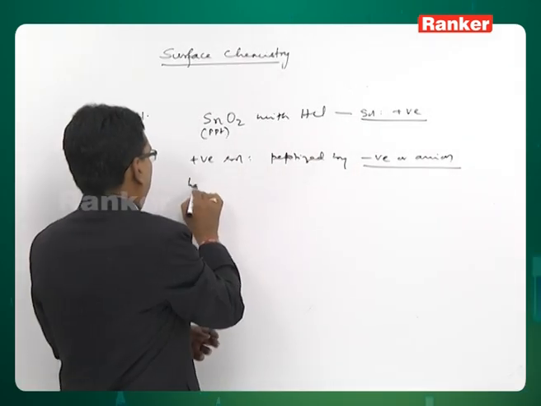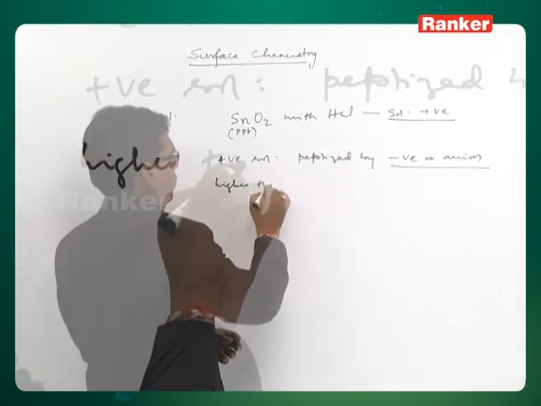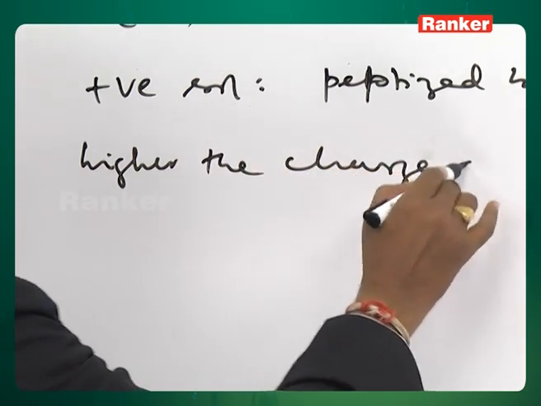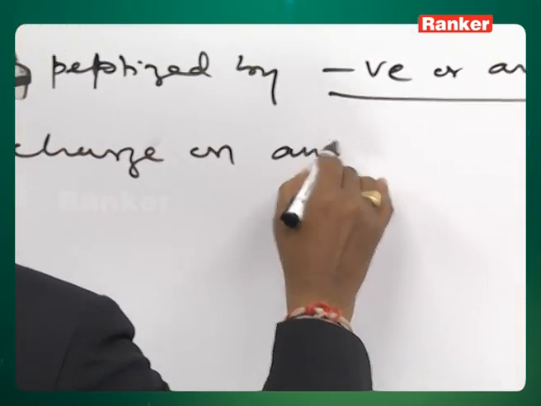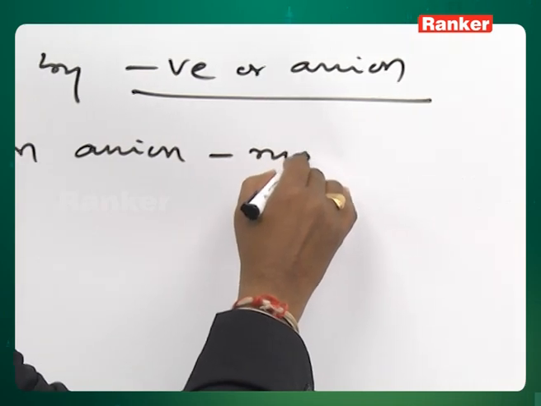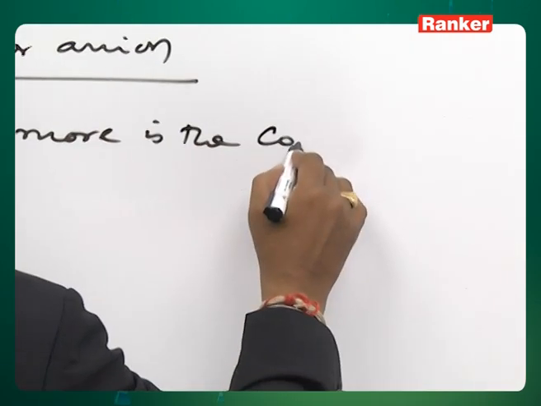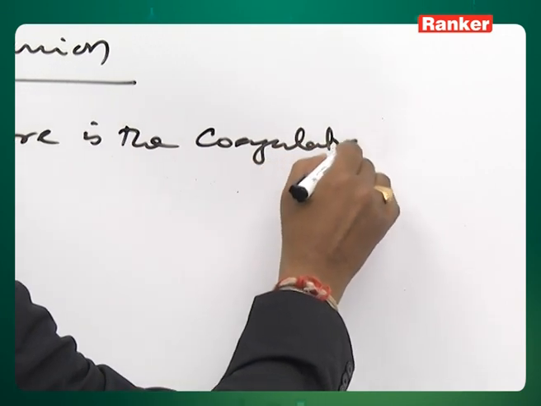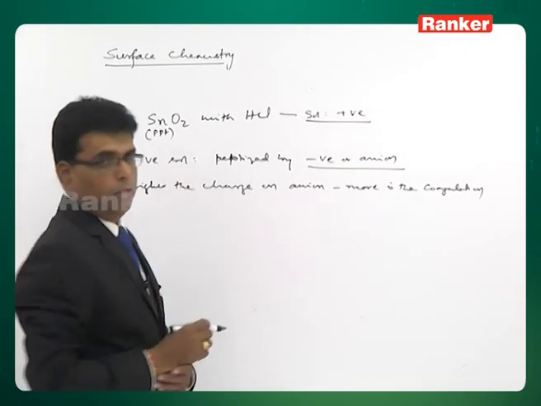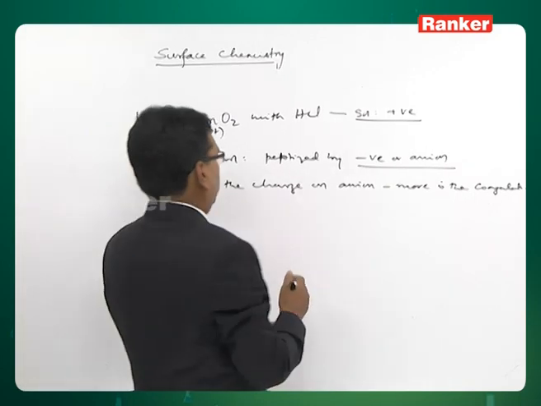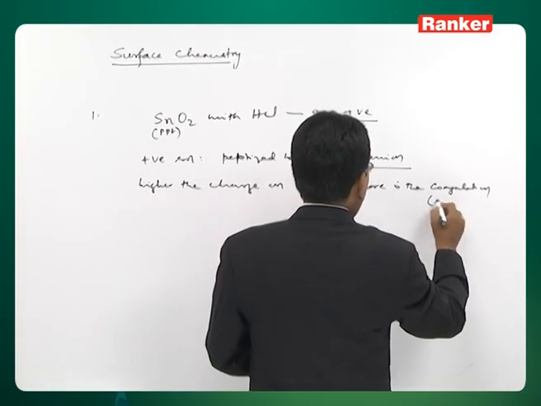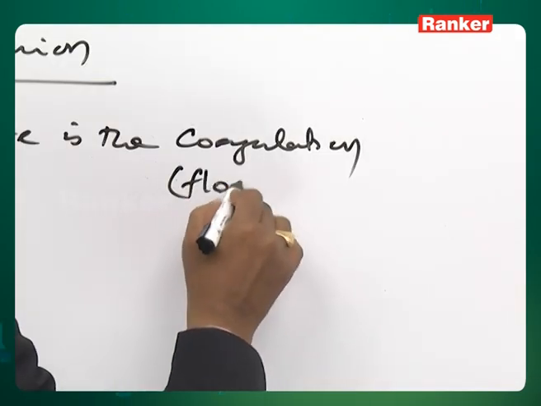Higher the charge on anion, more is the coagulation. So here coagulation, or what you call flocculation.